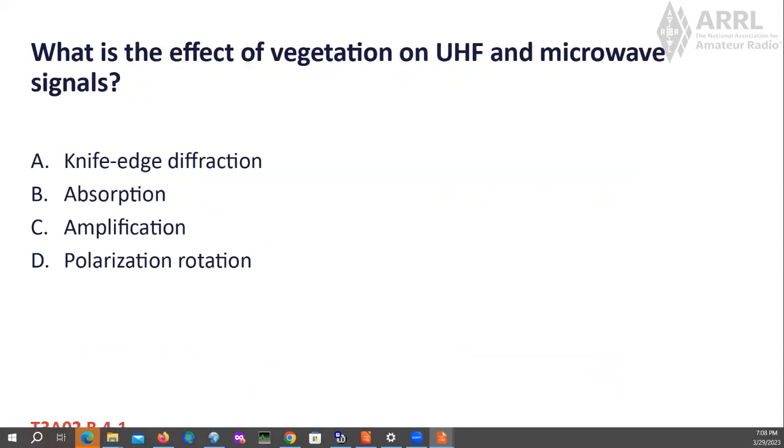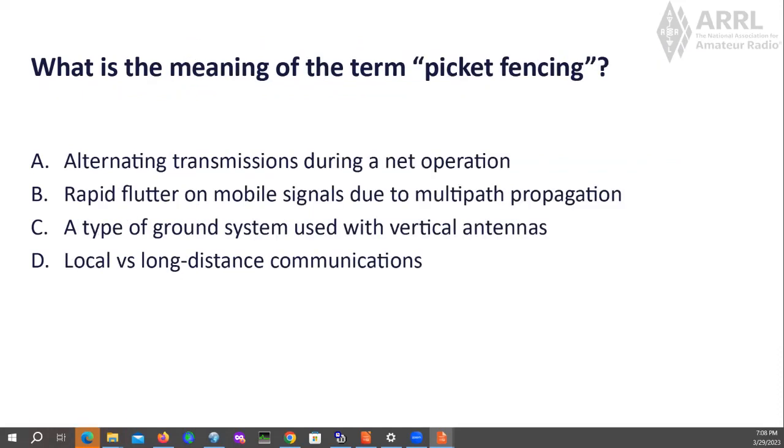What is the effect of vegetation on UHF and microwave signals? The answer is B. Absorption. What is the meaning of the term picket fencing? And the answer is B. Rapid flutter on mobile signals due to multipath propagation.